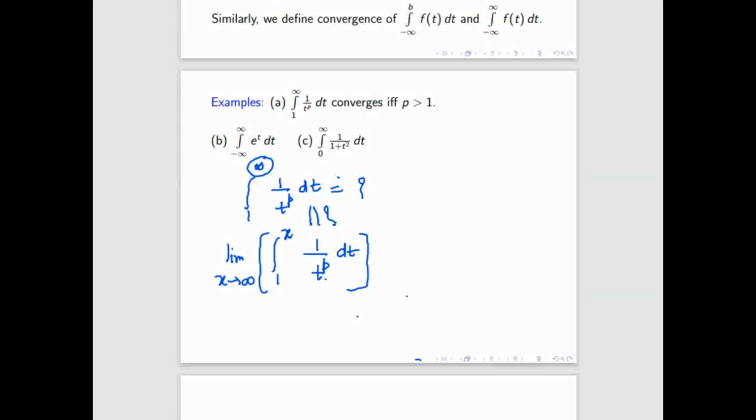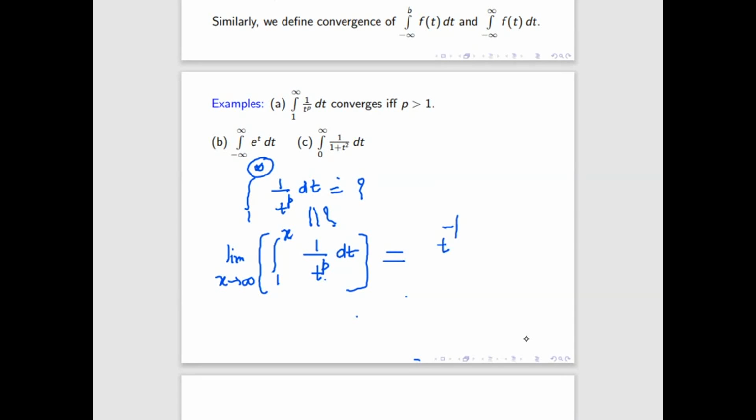So what is the integration of 1 upon t to the power p? It is t to the power 1 minus p by 1 minus p. So the value of the integration depends on p, yes or no? Yes, sir.